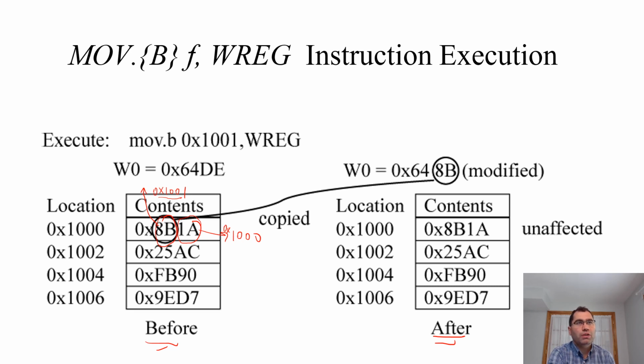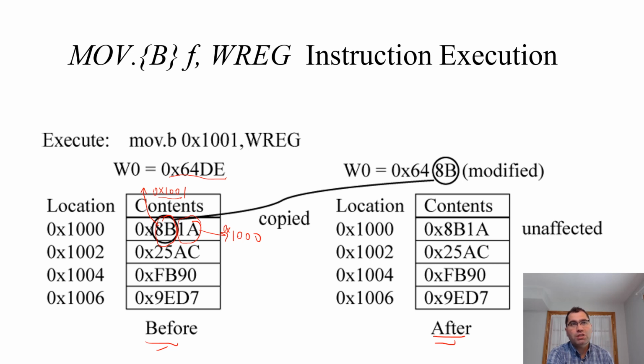So before this execution, this is the content of W0, and after execution, we're going to take the content in this address location, which is 8B, and copy it to the least significant byte of W0, right? W0 is 16-bit, so it has 2 bytes, and we're going to put it in the least significant byte of W0.